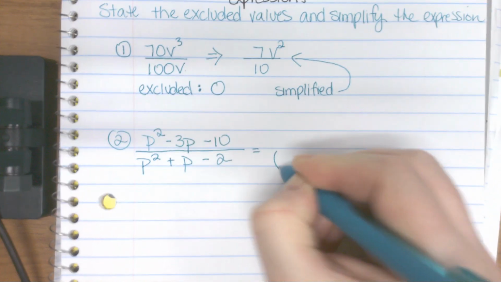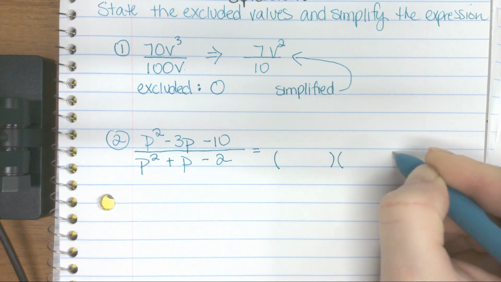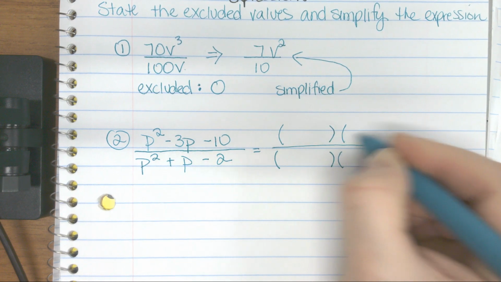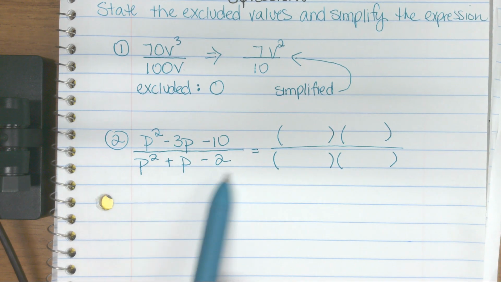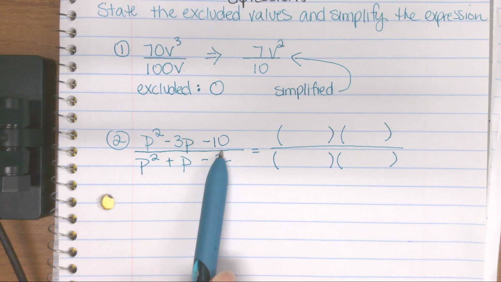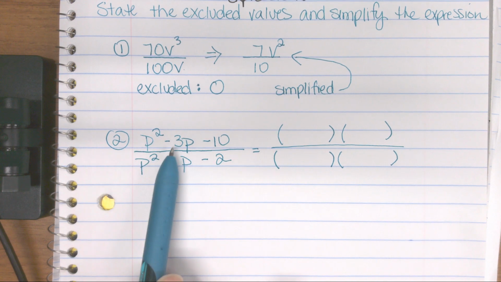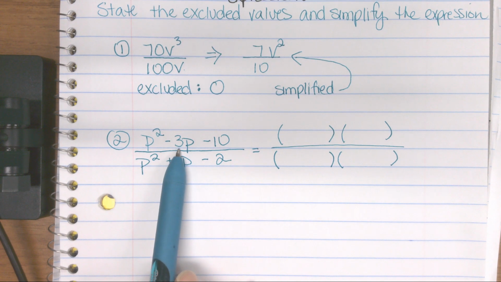The ones that I give you are pretty basic in the sense that they are trinomials, so we can look at this last term and look for things that multiply to be negative 10, but when you add the outers and inners you get negative 3. What do you think? Flip it around.